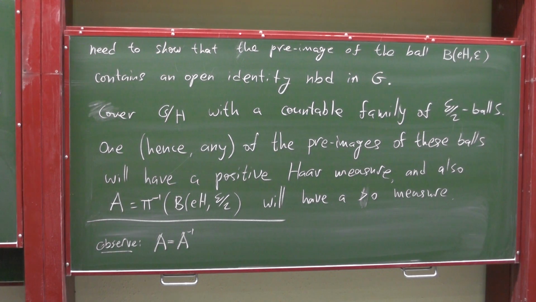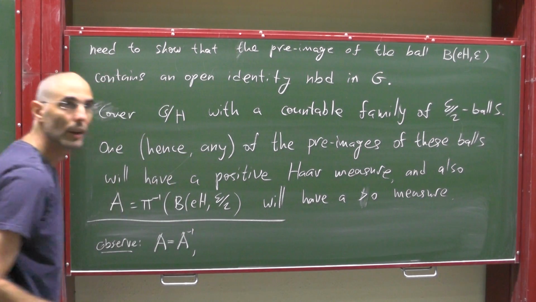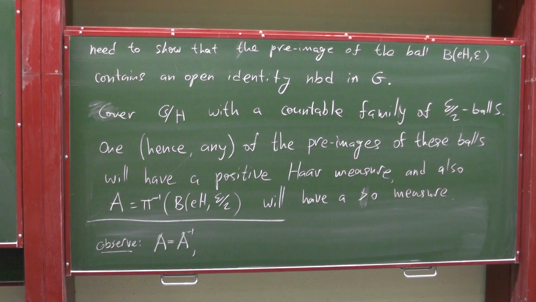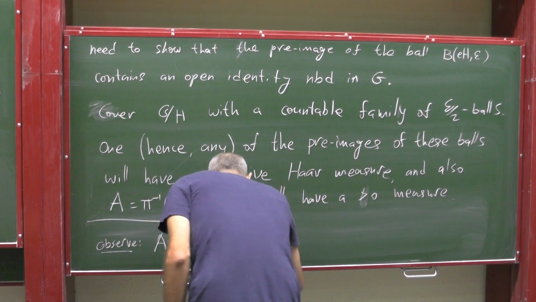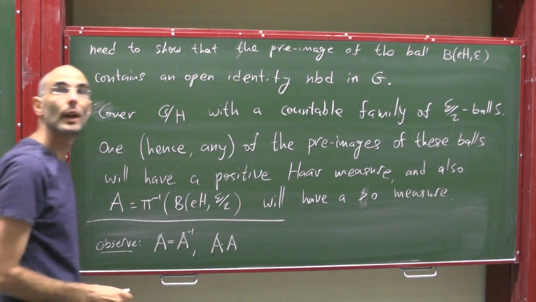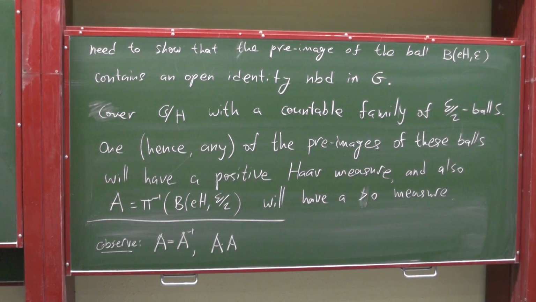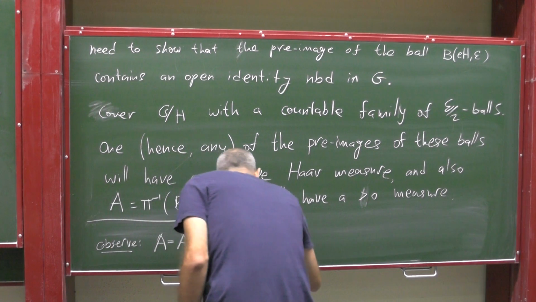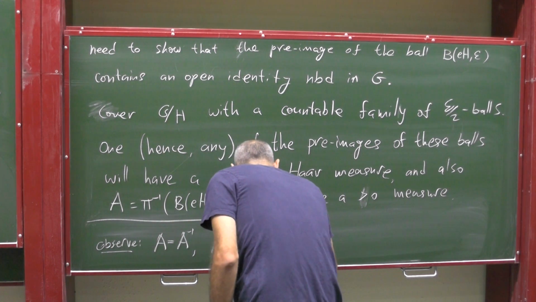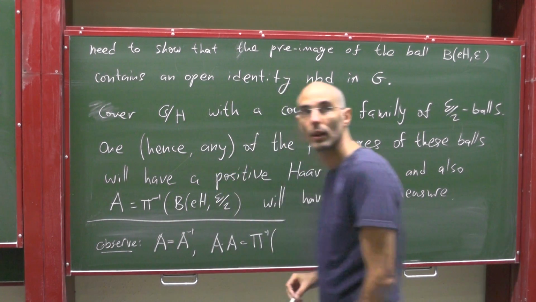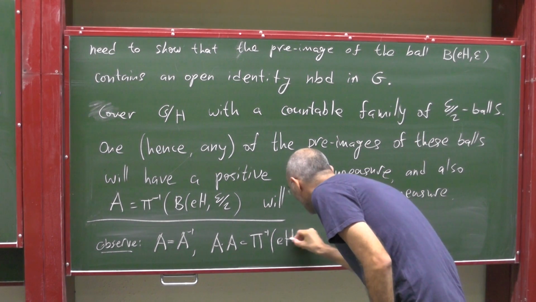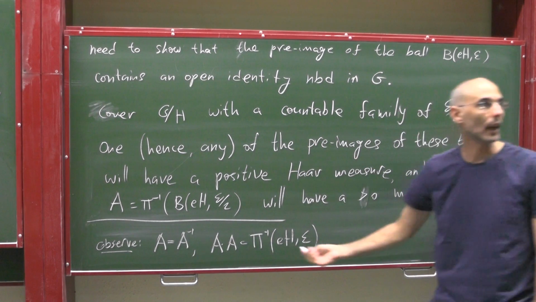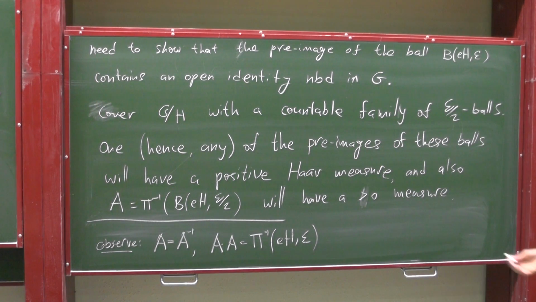Right? And also, this is why I took epsilon half here. A times A, taking products of all pairs in A, in G, is contained in what? In the pre-image of the epsilon ball. This is the triangle inequality and the invariance of the metric.